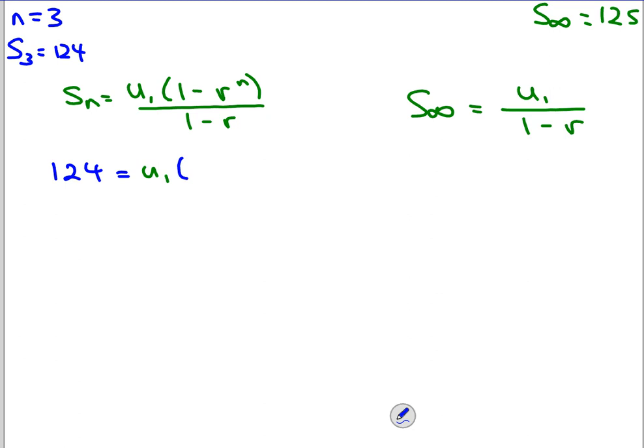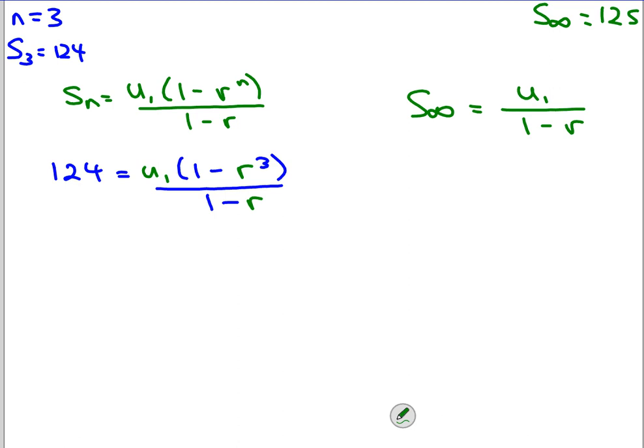We don't know what r is either, but we do know that n is 3 in this particular example, over 1 minus r. And again, we don't know what r is, so we just have to leave that in there. So we've just subbed in anything we know into that one.